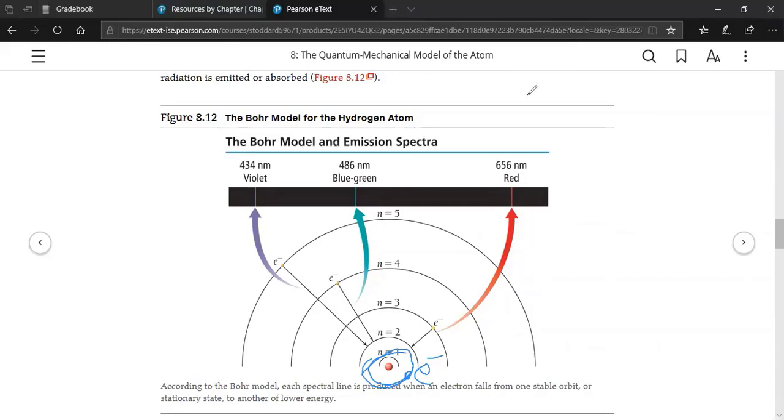But if an electron is excited, if energy comes in and bumps it up to a higher orbit, then it's going to be in that higher orbit. Let's say it bumps up to here. That would happen because of electricity hitting it.